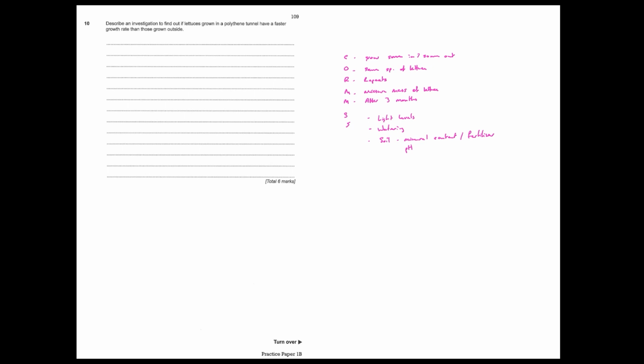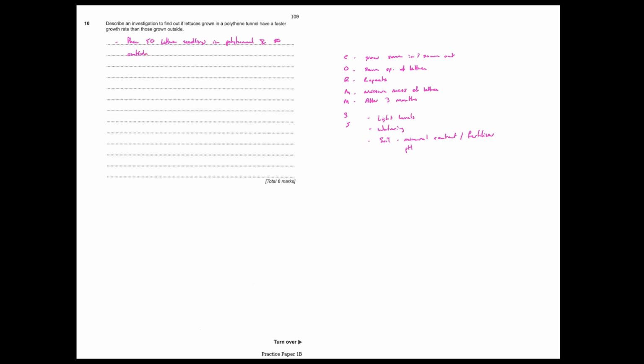Okay, so now I'm going to take that and we're going to convert it into an actual method. This needs to be an experimental method that we could follow, even though it is a CORMS answer. We're going to place 50, just pluck a number out there, lots of repeats, 50 lettuce seedlings in a polytunnel and 50 outside.